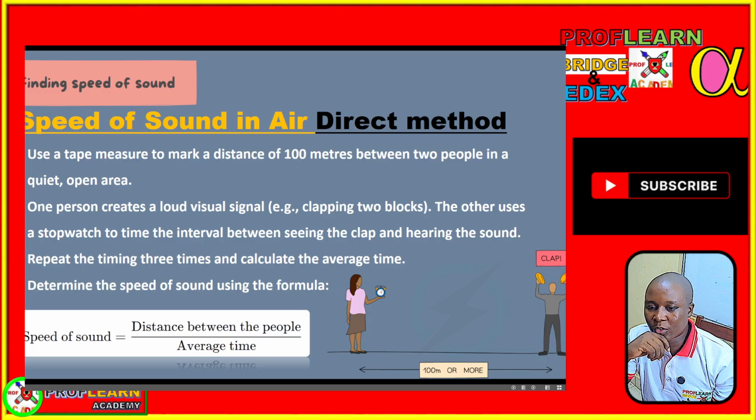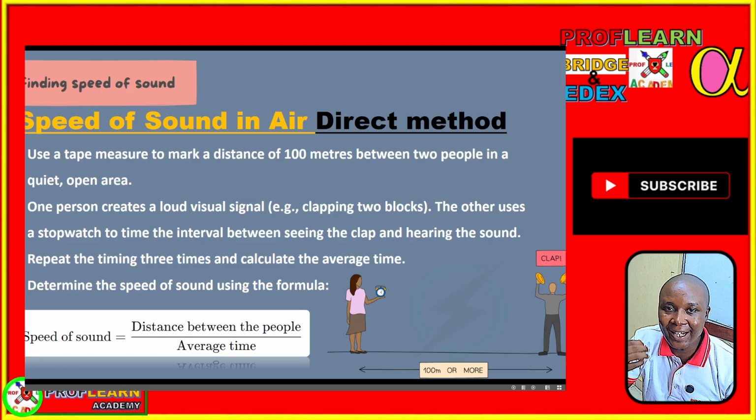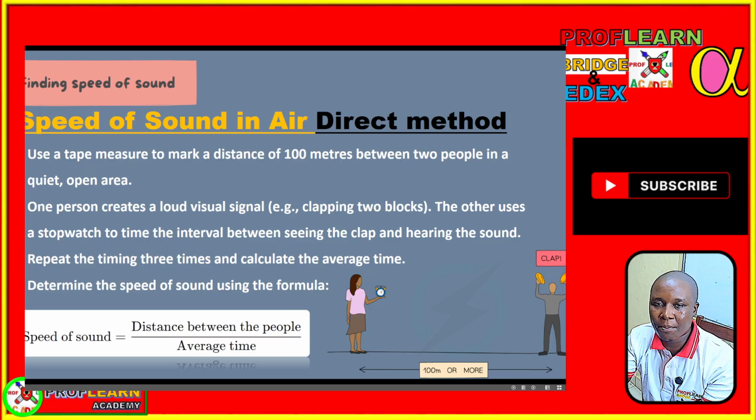Another area that you need to understand is describing an experiment on how to determine the speed of sound. As an IGCSE student, you need to know how to describe an experiment. Experiment to determine the speed of sound in air. In this case, we can say direct method. Now, we're having two friends. These two guys are standing 100 meters apart.